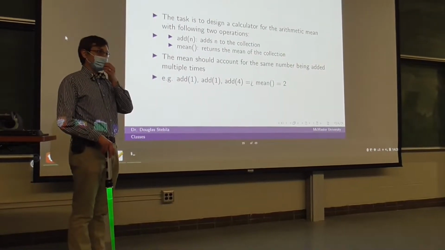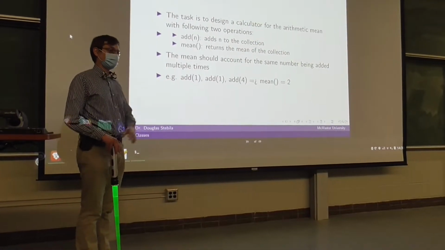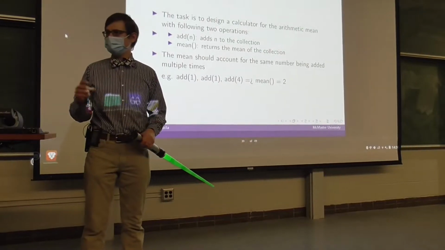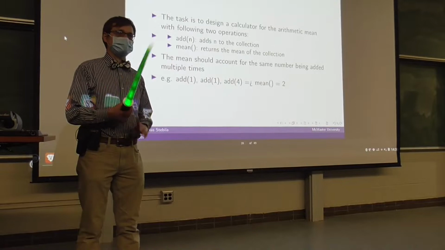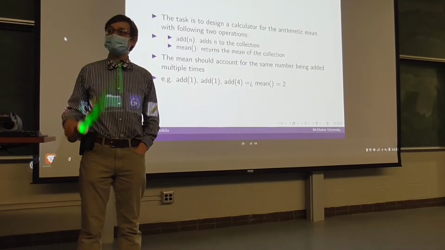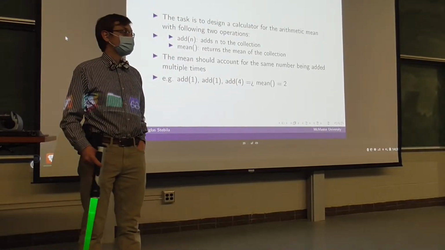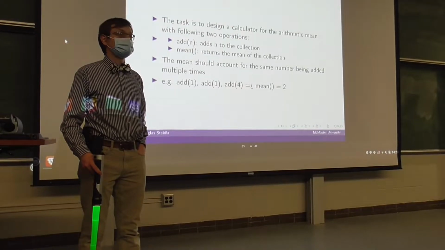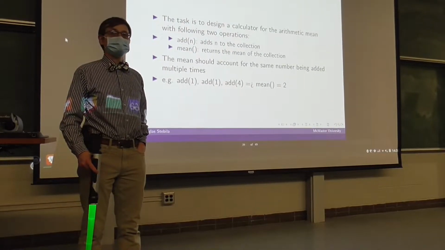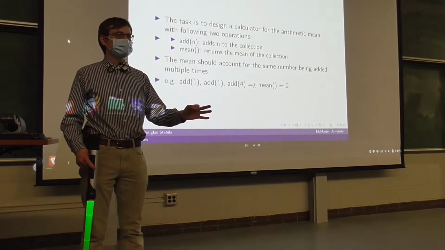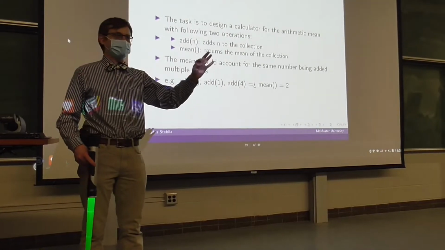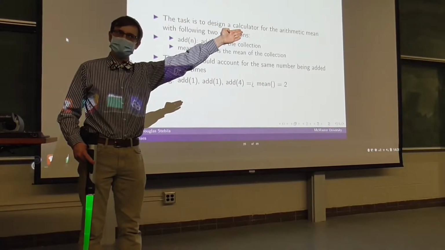So, before we actually implement this as a class, we need to make one very important decision about how this class will be structured. Anybody know what that decision is? How we structure the data.